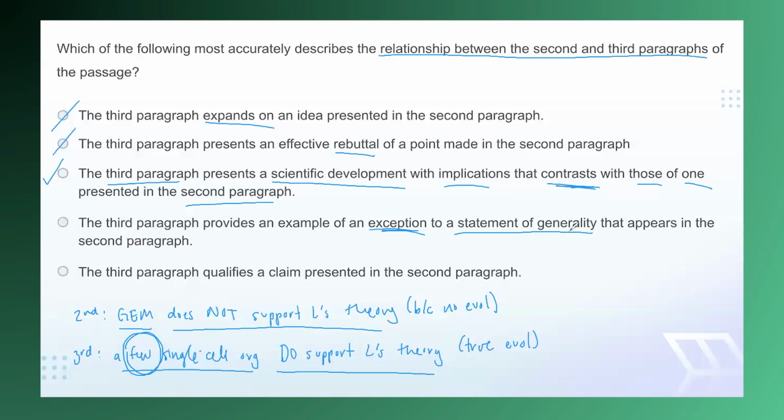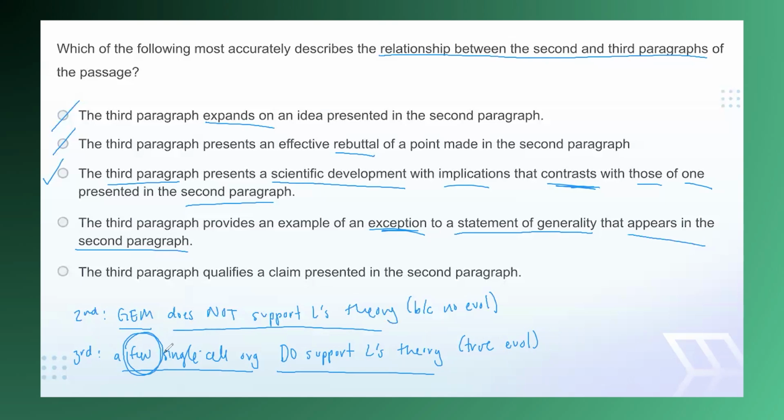And if that particular statement, that evolution does not occur via Lamarck's theory, did ever appear in the second paragraph, this would be a great answer. But the second paragraph never says that. What the second paragraph does say generally is that gene expression modification is not evolution, that gene expression modification does not support Lamarck's theory.